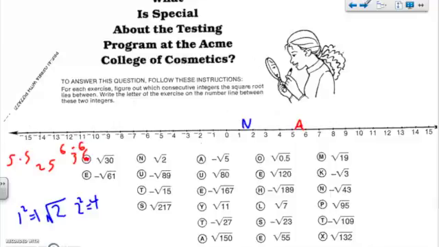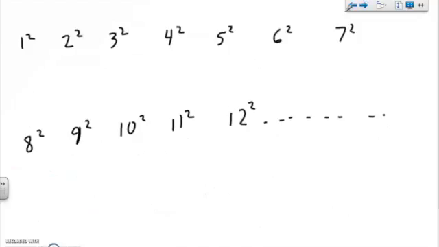Now, to give you a hint and to give you kind of guidance to help you figure out these squares if you don't have them memorized, is to make a number line. And what I've done is I've just written out so far the first 12 numbers and squared them. So I have 1 squared, 2 squared, 3 squared, etc. And what I'm going to do just above it is write what those squares are.